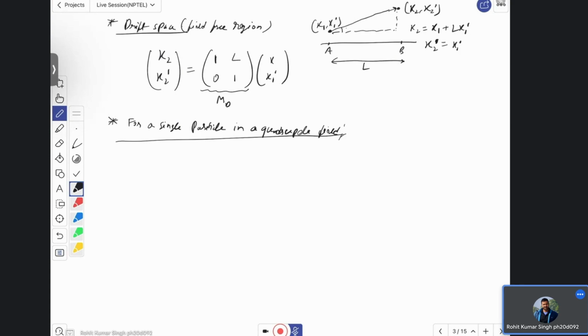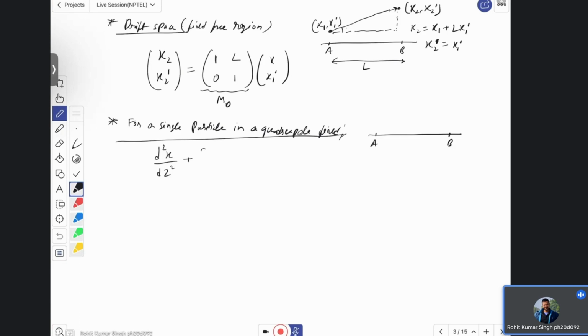Now here again there will be 2 points, but so there is a force on the particle. Okay, I'm not going into detail here. I'm just recapping.